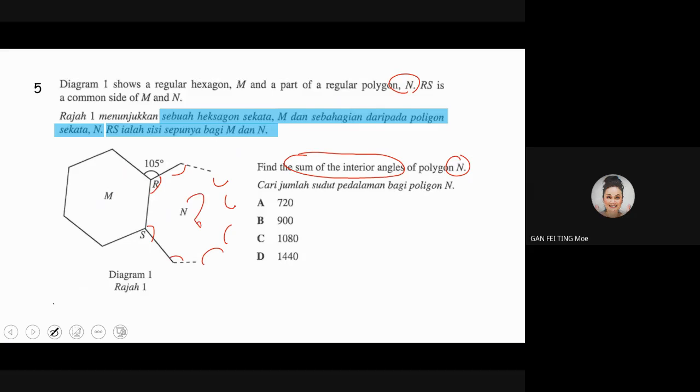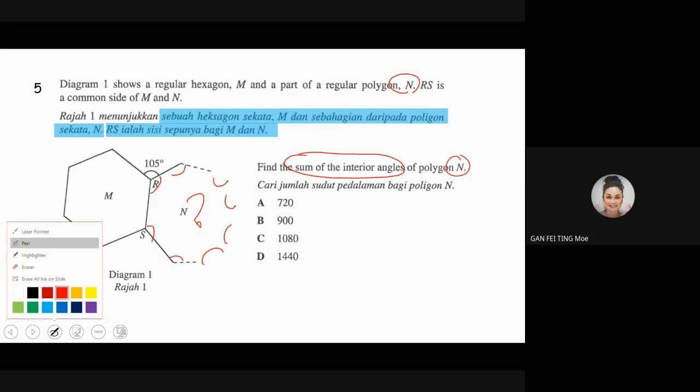They want to know the total. That is the question. If you misunderstood the English version, go for the BM version: Cari jumlah sudut dalaman. They want to know the interior total. Just like the sum of interior angles for a triangle is 180, for a square is 360, and so on and so forth.